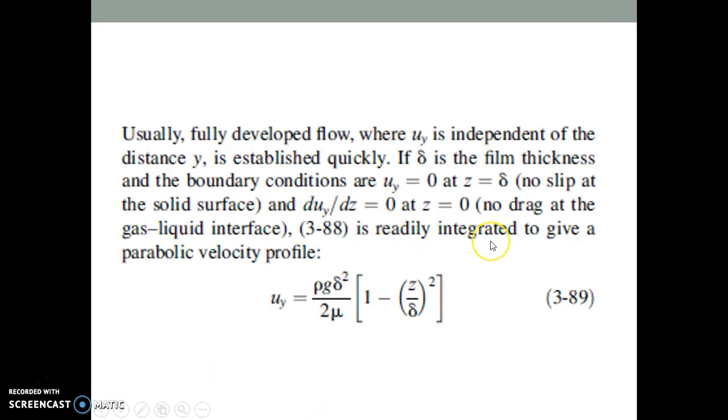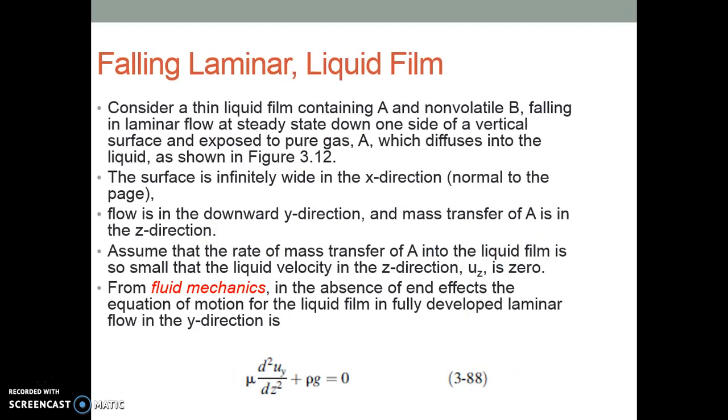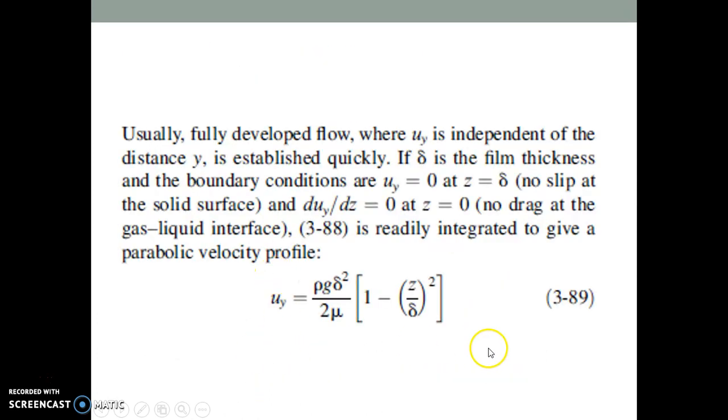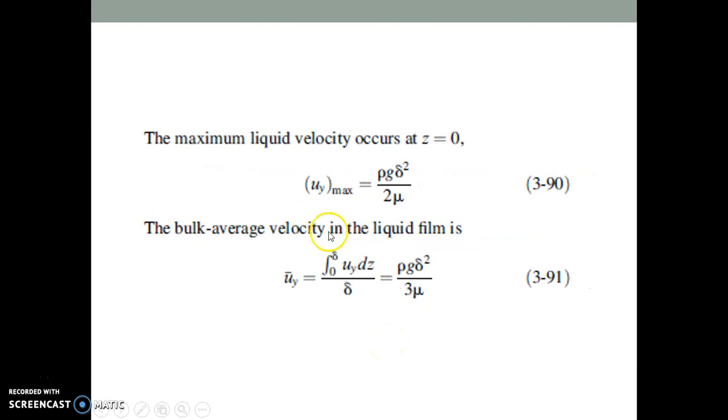It is readily integrated to give a parabolic velocity, which refers to this equation. So based on equation 3.88, after we do the integration, we can get this equation in terms of parabolic velocity. The maximum liquid velocity occurs at z equals 0.